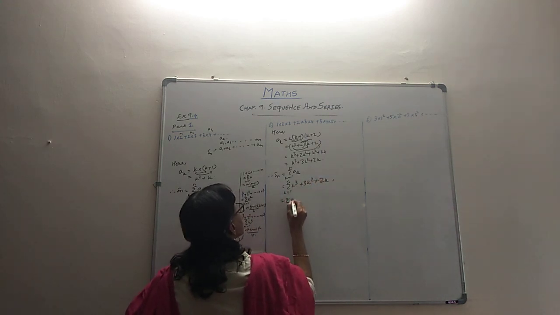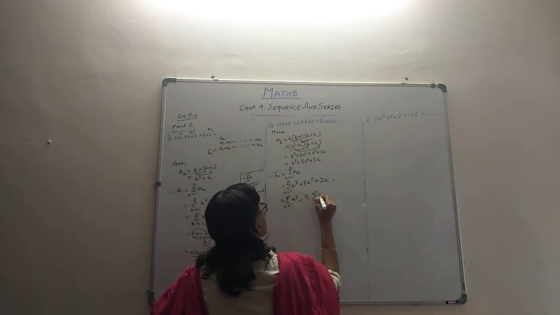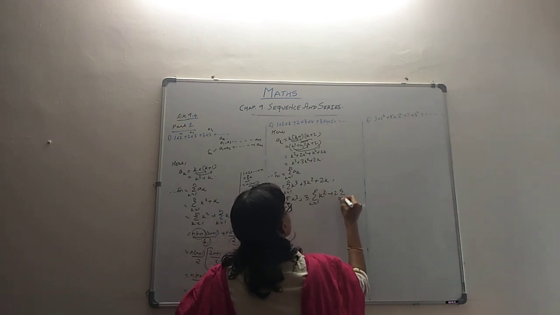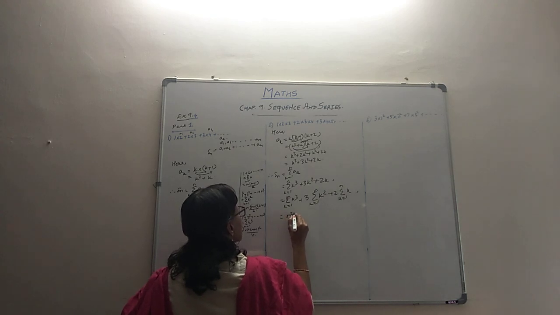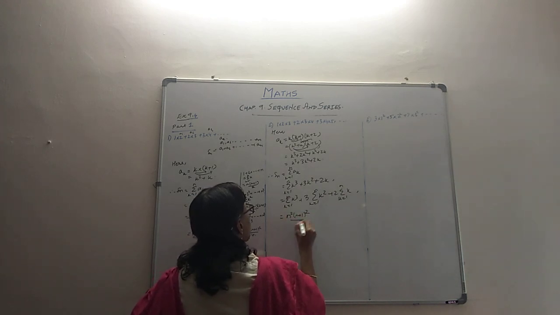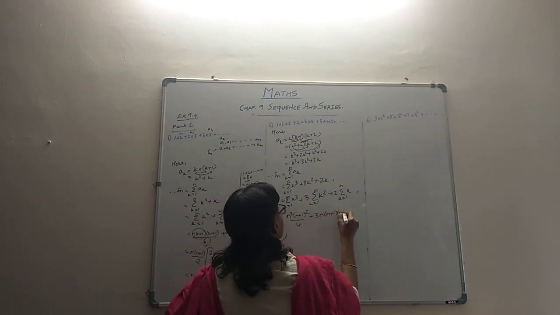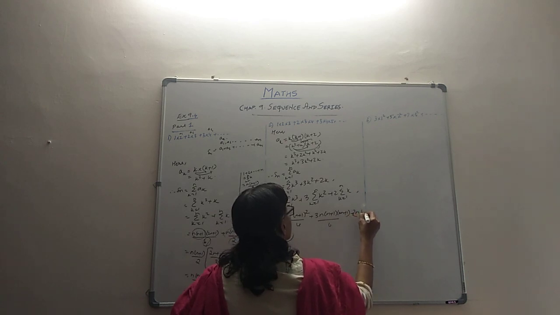So it is summation k cube plus 3 times summation k squared plus 2 times summation k, by formula n squared into n plus 1 squared by 4, by formula n into n plus 1 into 2n plus 1 by 6, by formula n into n plus 1 by 2.